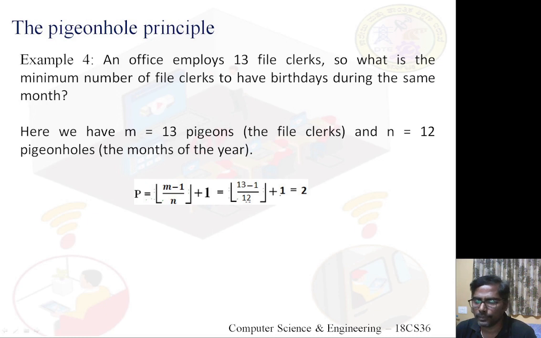When you analyze, the first employee might be born in Jan, the second in Feb, the third in March, the 12th in December.